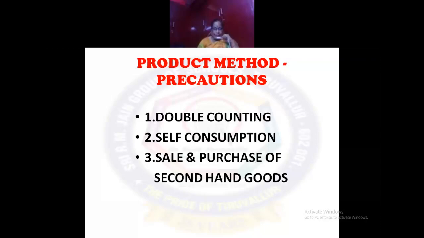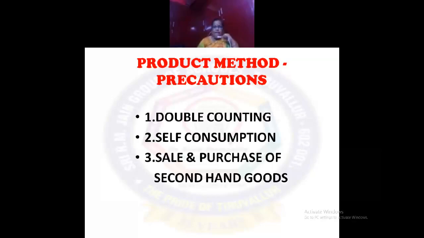For example, the value of cotton enters the value of yarn at cost, the value of yarn enters the cloth, and that of the cloth the garments. At every stage only the value added should be calculated. Double counting should be avoided.